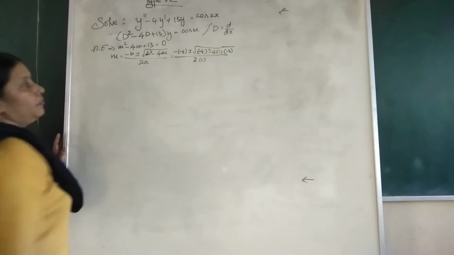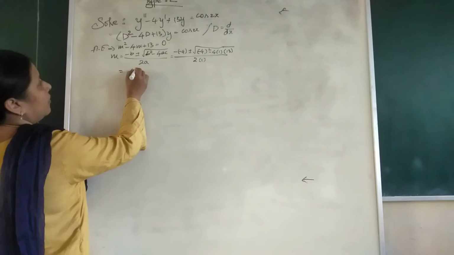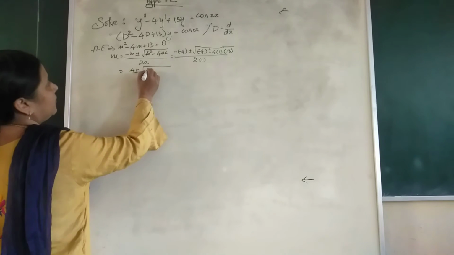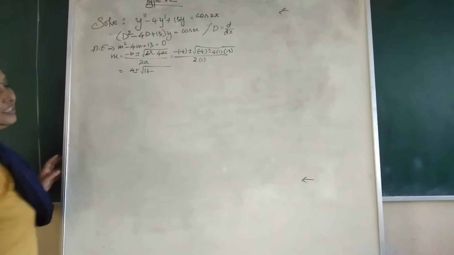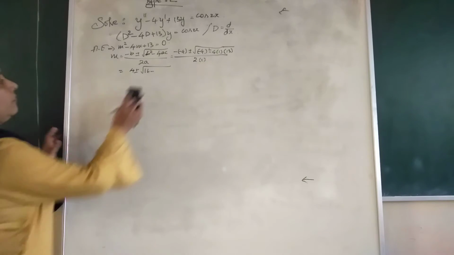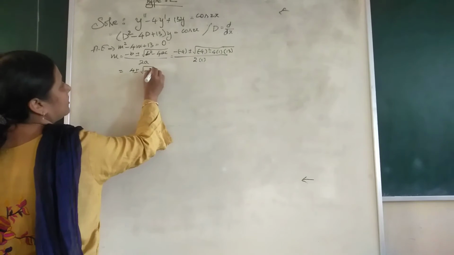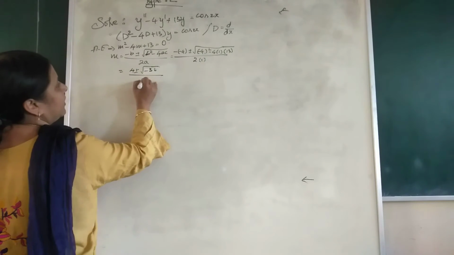A is again 1. Simplifying ahead, we get 4 plus minus under root of 16 minus 52. You're going to get a minus 36 within the root, whole divided by 2.